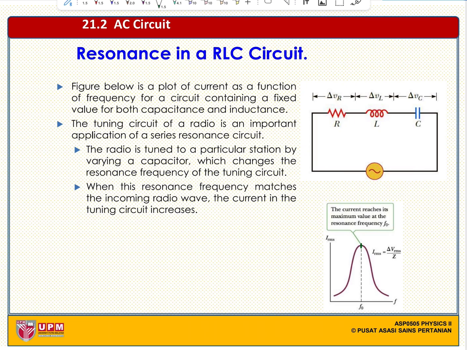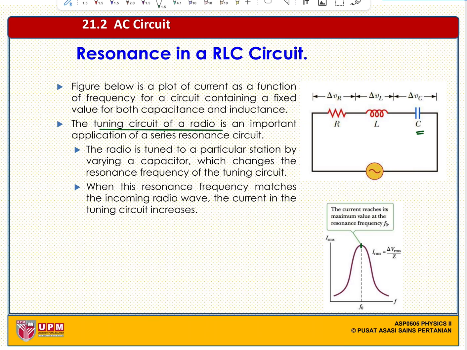Resonant ni penting. Biasanya dia akan guna waktu you nak tuning the radio. Okay, tuning radio, waktu kita changing the capacitor punya value. Okay, changing the capacitor value, dia akan ubah dia punya frekuensi lah. Sampai frekuensi tu matching the incoming frequency from the radio.